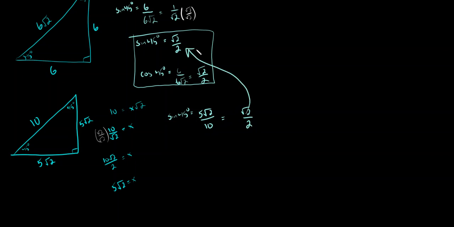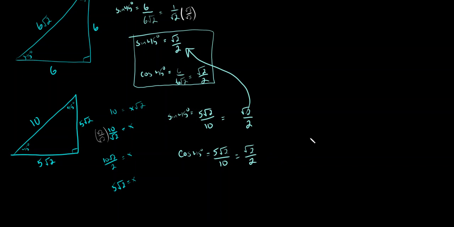Notice that we got the exact same measure. For cosine of 45 degrees, I would once again have 5 root 2 over 10, which again gets me the square root of 2 over 2. And if we did it for our original one, with just the x and the x root 2, we would end up with the exact same thing.